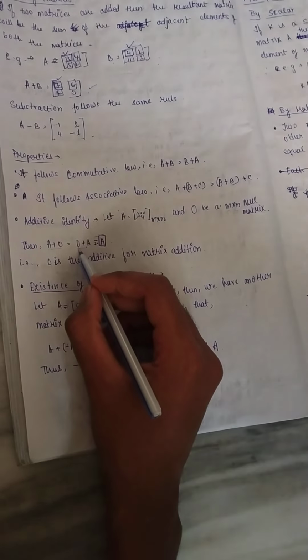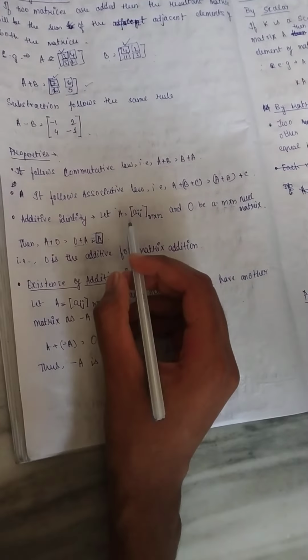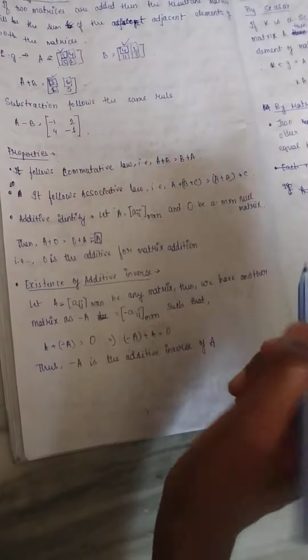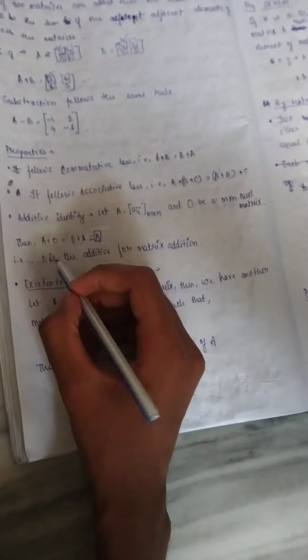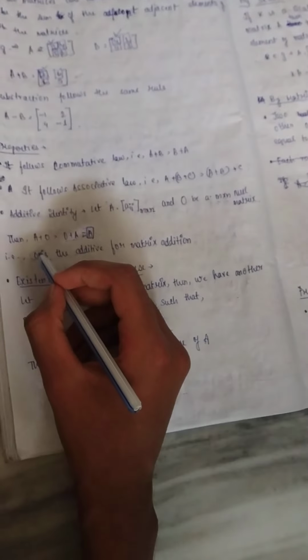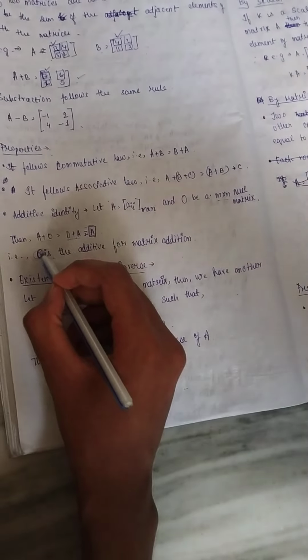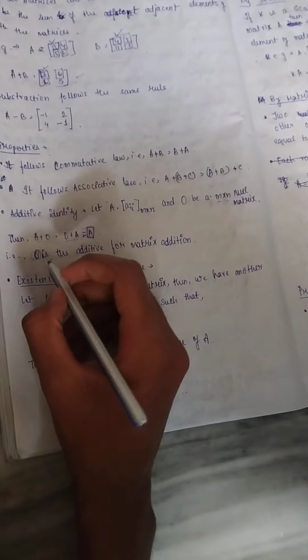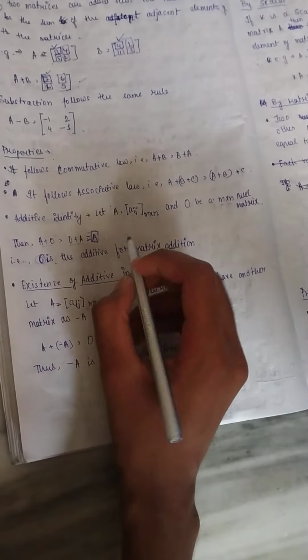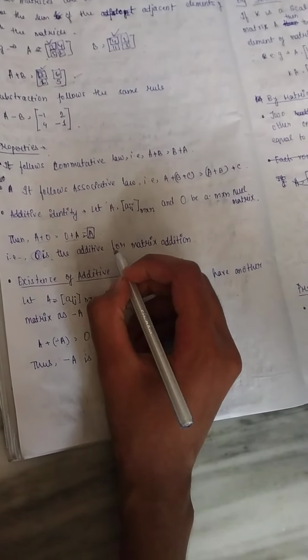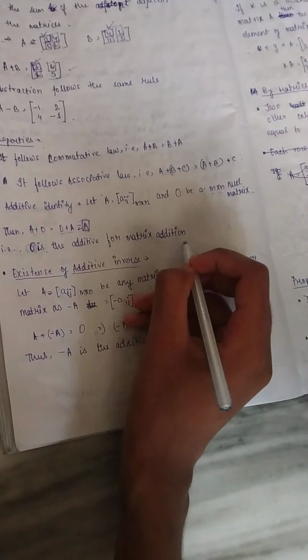So the addition of a null matrix with a matrix gives that matrix only. So O defines the null matrix, and we can call it the additive identity for matrix addition.